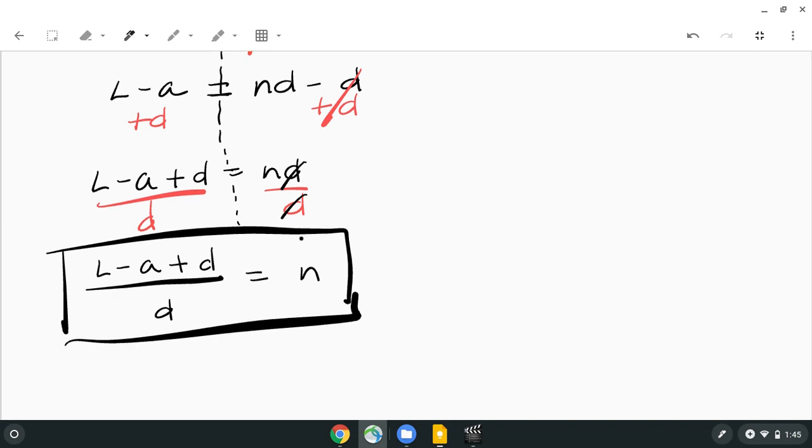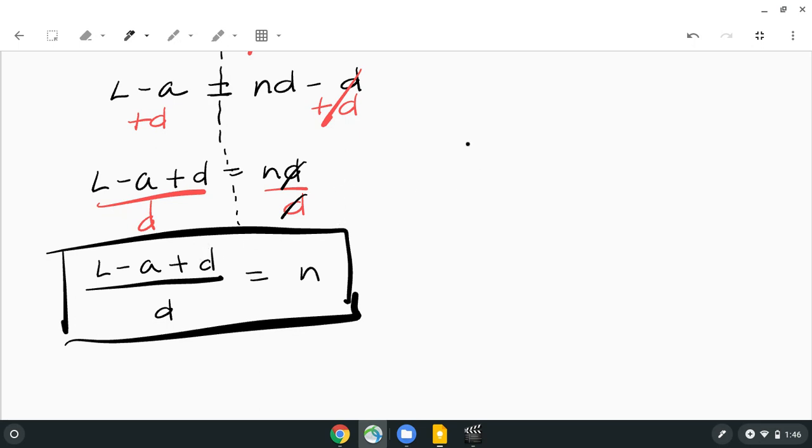Okay. Some of you might be asking, can't we cancel it here? Yes and no. You cannot cancel it if it's written like this, with one fraction bar. If you write them individually over D, L over D, A over D, D over D, then yes, you can cancel. But if it's all of them under one fraction bar over D, then you cannot, because you would need all of them to have a D, and they do not.